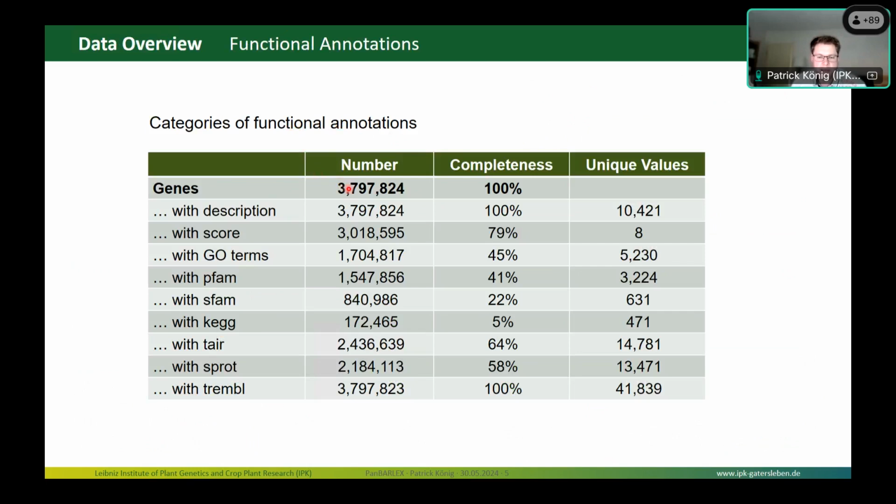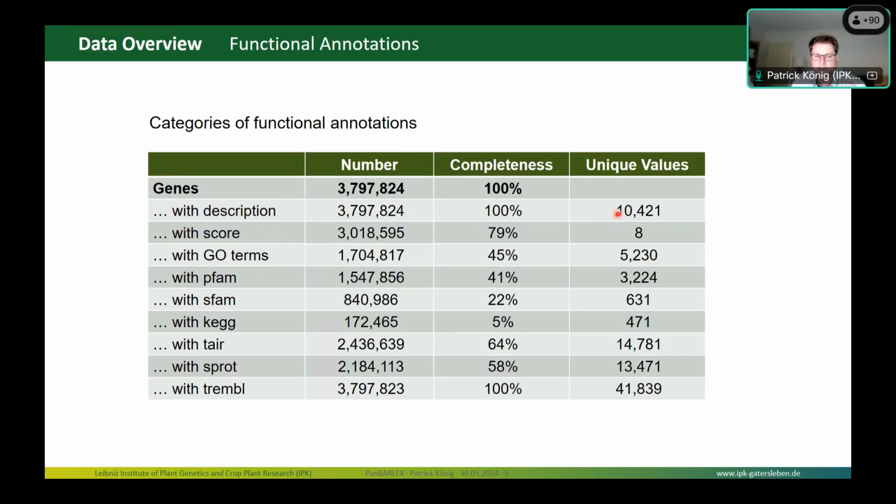And so all of the genes have annotations, but not in all categories of functional annotations. As you can see here, for example, all of the genes have a human readable description for functional annotation, but we have only roughly 10,000 unique values.